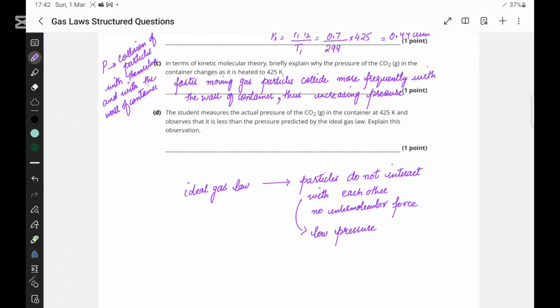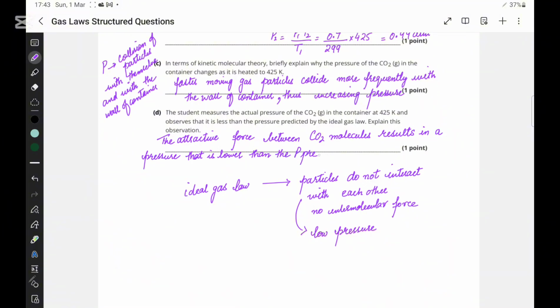So the attractive force between CO2 molecules results in a pressure that is lower than the pressure predicted by gas laws.